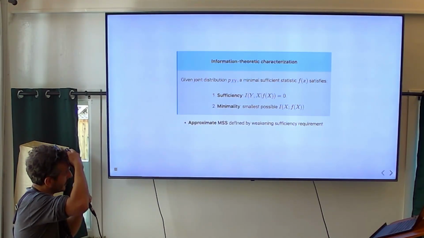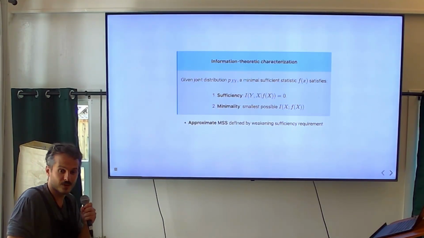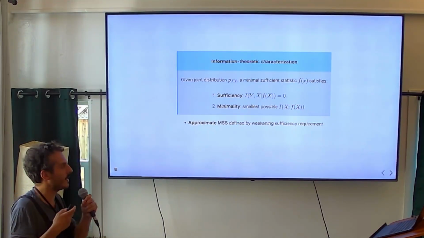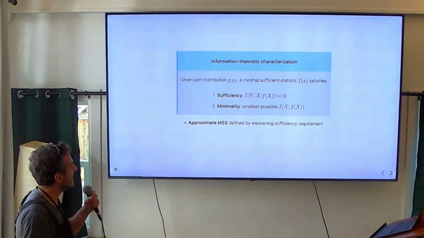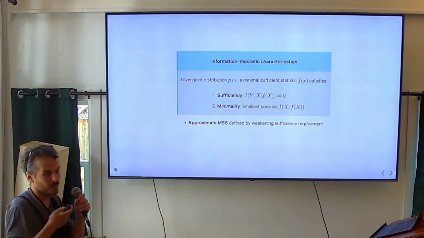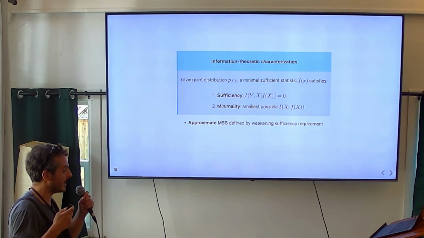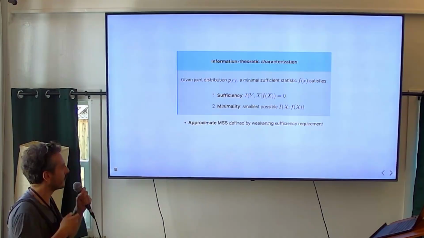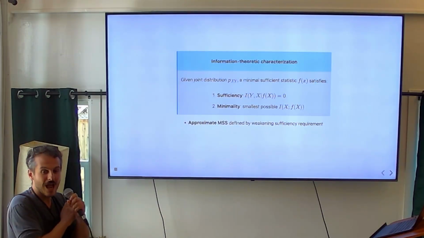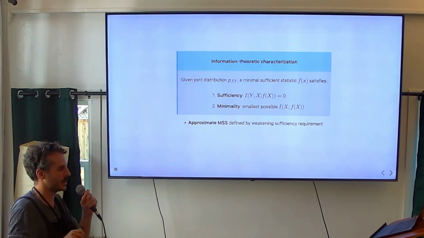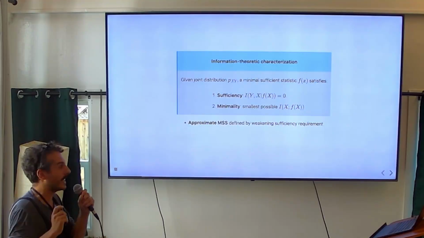This is a convenient, more quantitative form, because now we can think about approximate minimal sufficient statistics. This is, in a way, a very hard requirement, right? We're requiring that F captures every single tiny distinction about Y that one can capture.